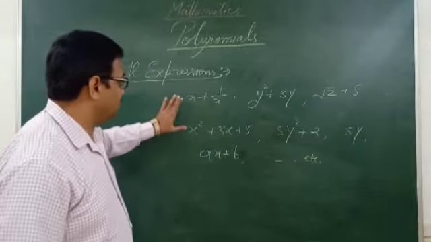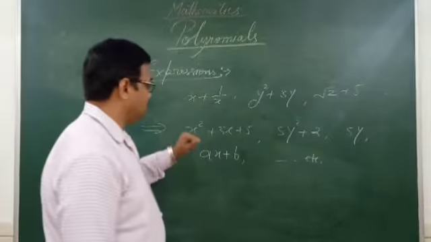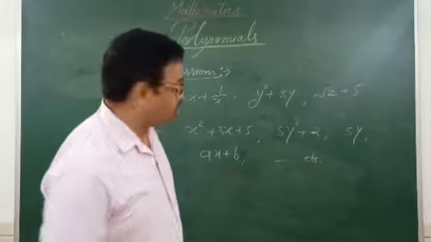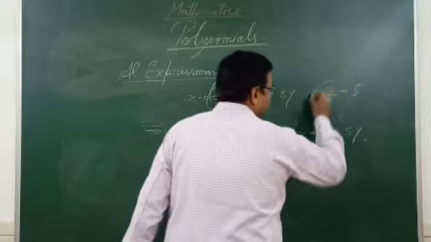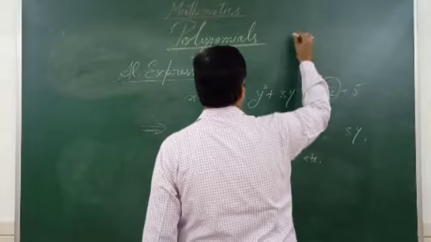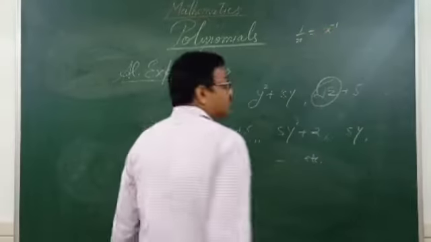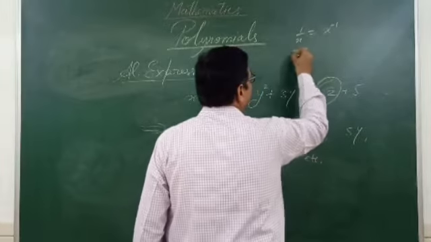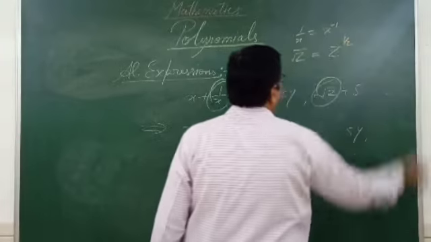What is the difference between these two types of expressions? You can observe easily that 1 upon x is given, and under root z is given. These you can express in another manner also. With the help of the laws of exponents, 1 upon x you can write as x to the power minus 1, and under root z you can write as z to the power 1 upon 2.